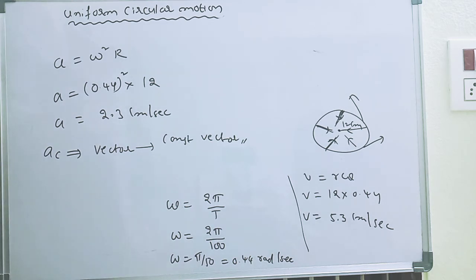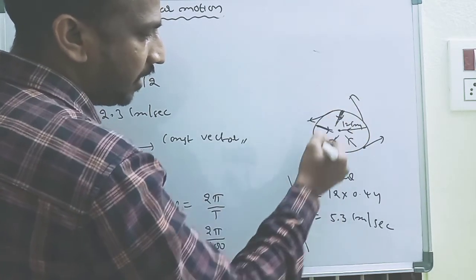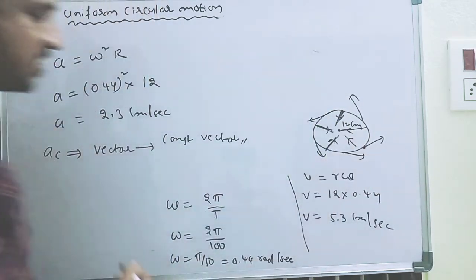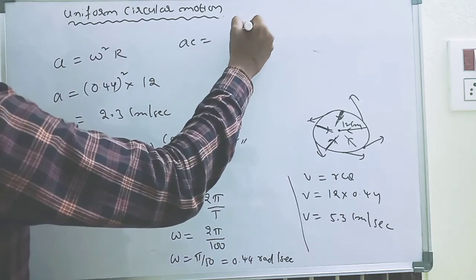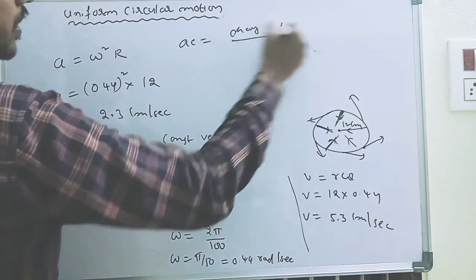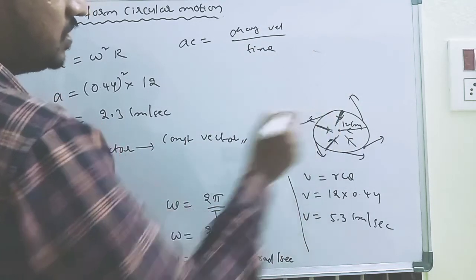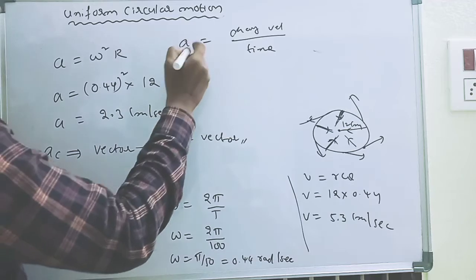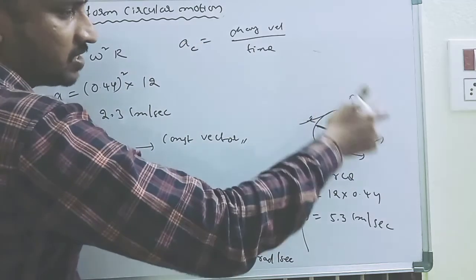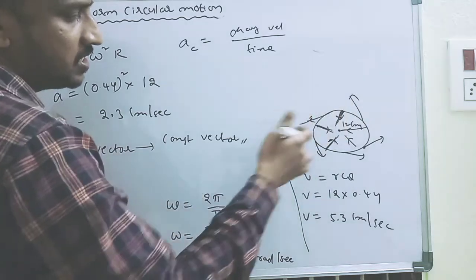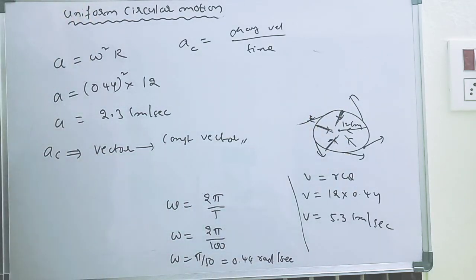The direction of velocity is along the tangent of the circle. And acceleration is equal to change in velocity by time. So the change in velocity is there. The magnitude is constant, but the direction changes. And what about acceleration?